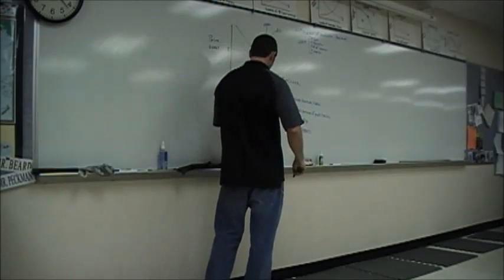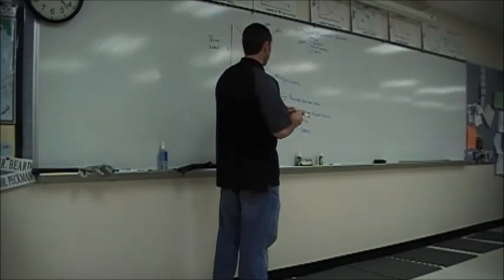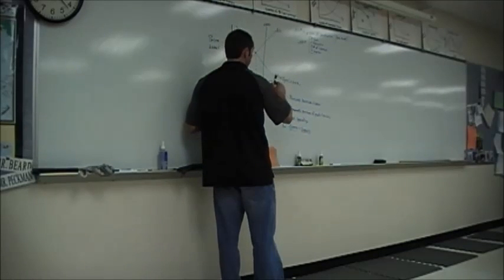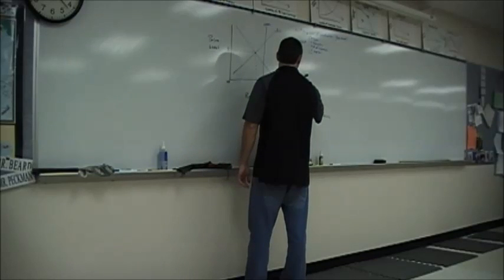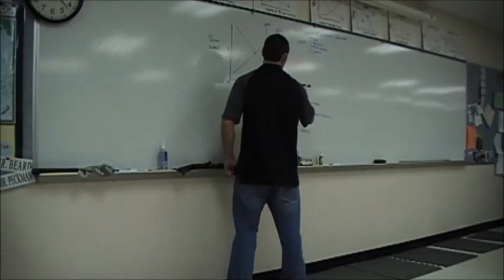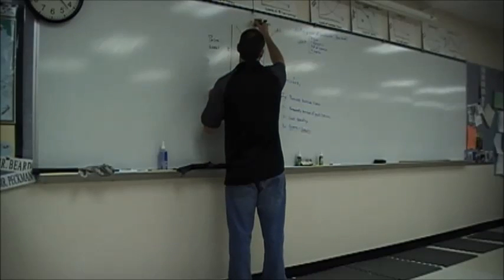If we were to increase, and we'll just start with aggregate demand here, say government spending goes up. If government spending were to increase, we see aggregate demand shift to the right.